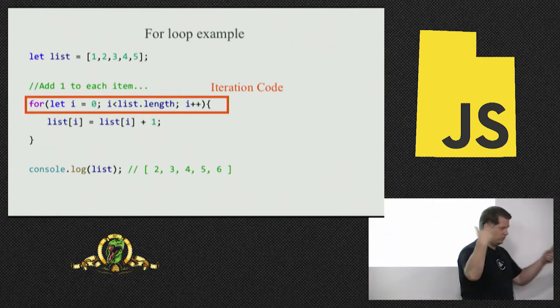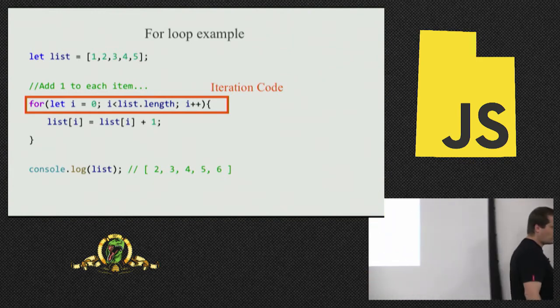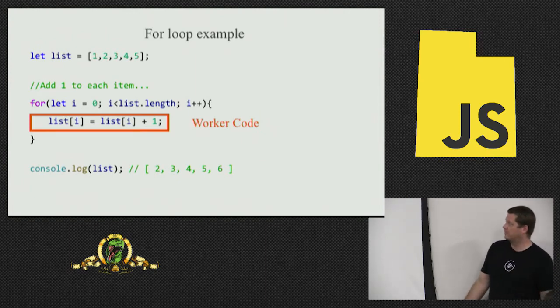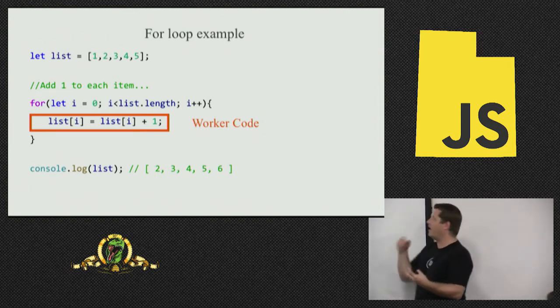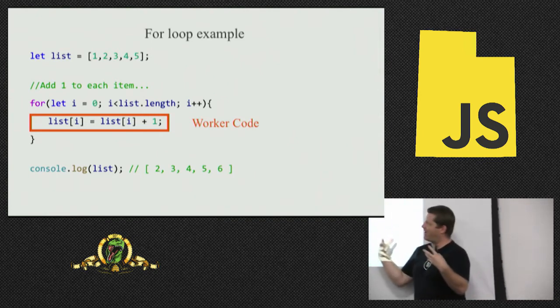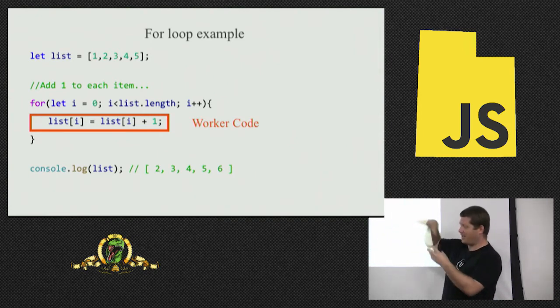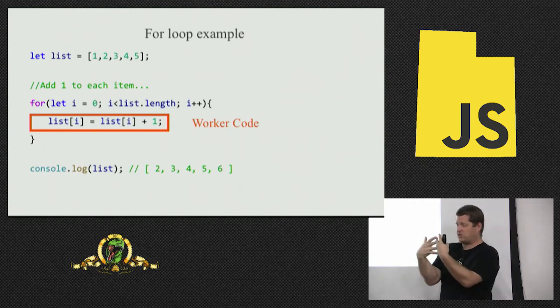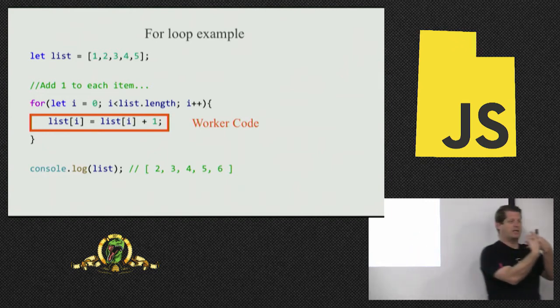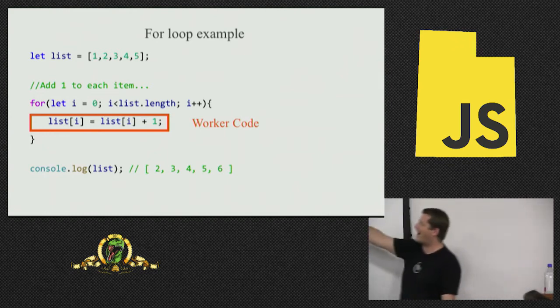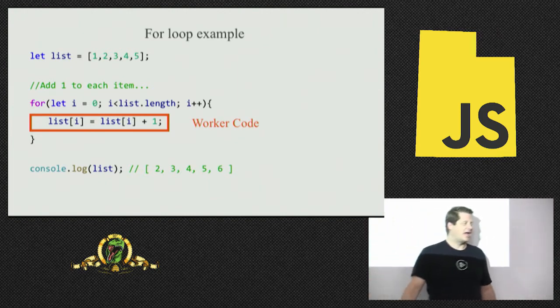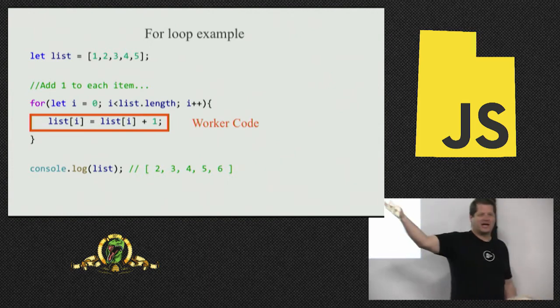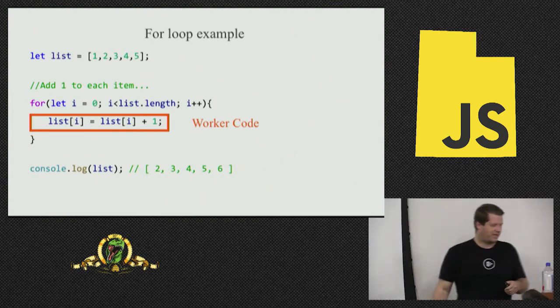Sometimes we do some other things with it. We also have our worker code, which is what actually does the job. In more complicated code, these 2 things are entwined in each other because we've got to understand i and what i references. Yes, we do this a lot, but it can get complicated.